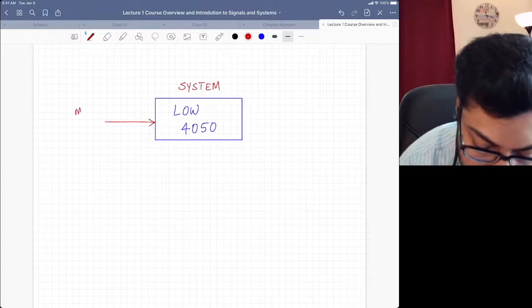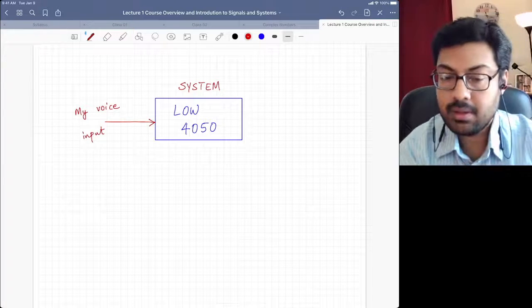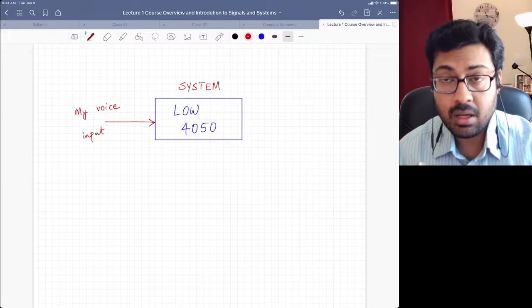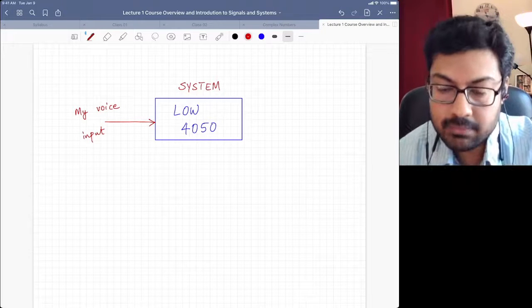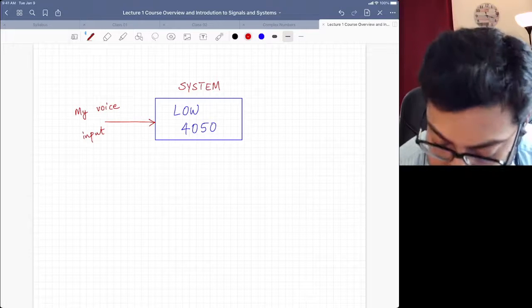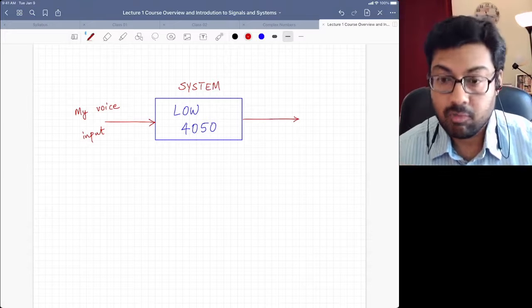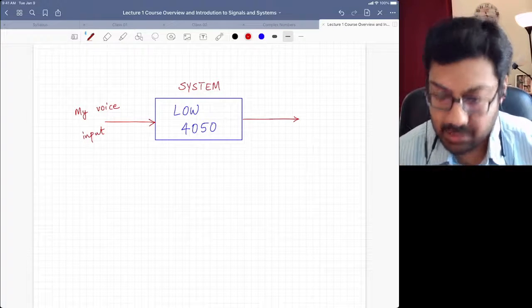So my voice is going to be an input to this system. And let us suppose that what you hear is the output of that system, right? So I'm talking about strictly in the sense of voice, right? Sound signals.